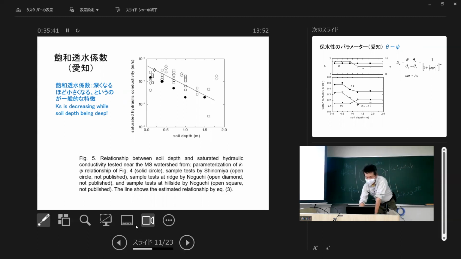Saturated hydraulic conductivity, that means Ks. And the Ks is decreasing as the depth becomes deeper and deeper. So this horizontal value is soil depth, and the vertical one is the Ks, saturated hydraulic conductivity.